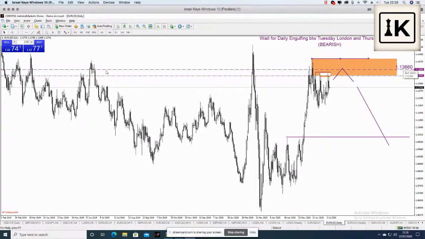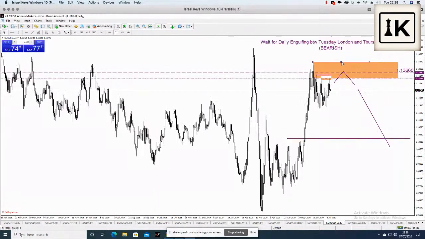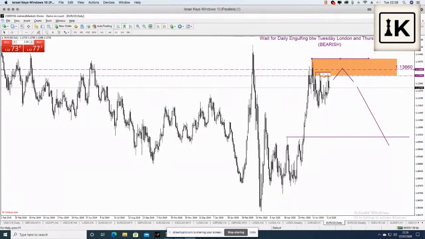Why? One, there is a pivot, an organic pivot or price action pivot from months ago, almost a year ago or over a year ago. Two, there is an order block here. And three, there is a stop hunt at that high here.